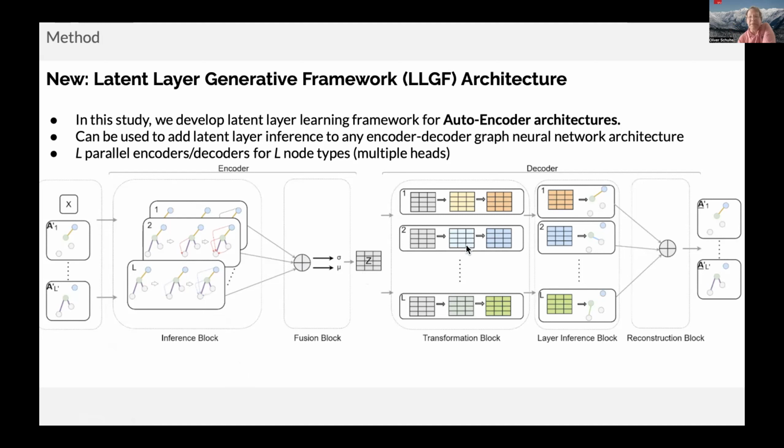Similarly in the decoder, we run the decoder 3 times, or L times, in parallel. Then we reconstruct the observed links as a linear combination of the inferred latent links. So an observed link is viewed as consisting of components, where the components are latent edge types. This is similar in spirit to using multiple heads in attention models, if you're familiar with those.